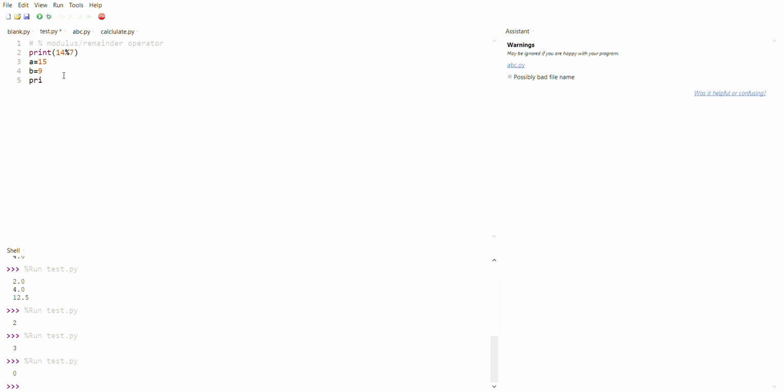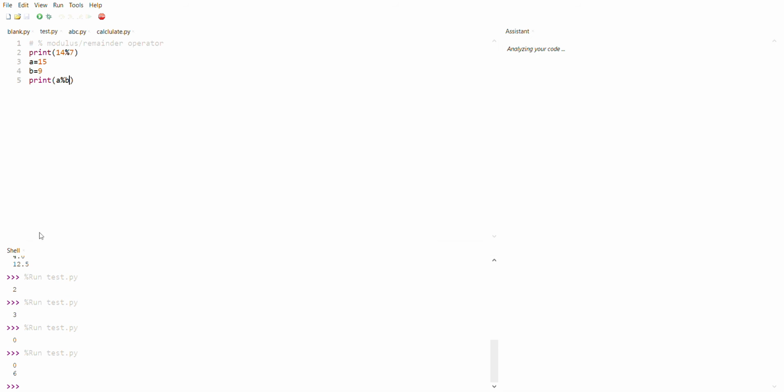Now a modulo b, let's run it. So the upper one is 14, the total sum, so it simply gives us remainder 0. But on dividing 15 by 9, we get the answer 6.